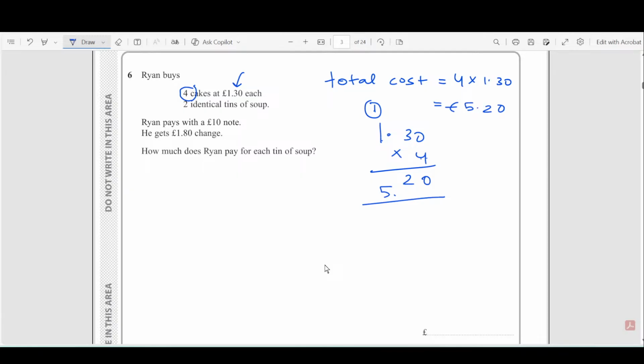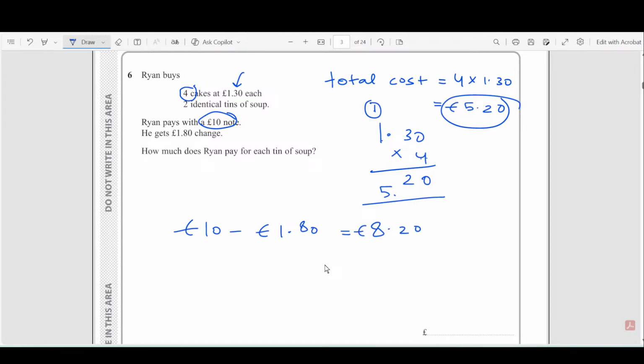Now calculate the total amount spent, because he pays a 10 euro note. The total amount spent is the initial amount paid minus change received, right? So we do 10 euro minus 1.80. If we subtract this, we get 8.20, right?